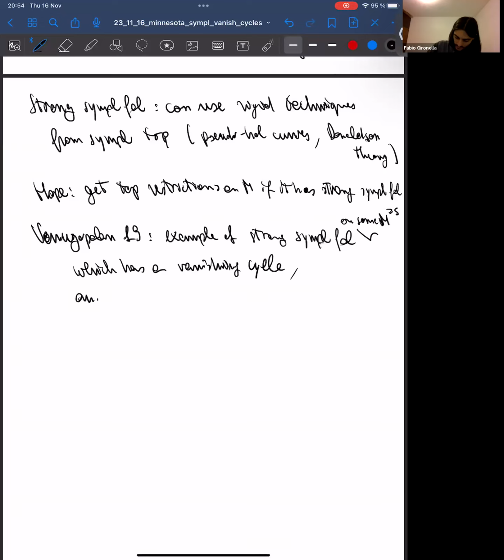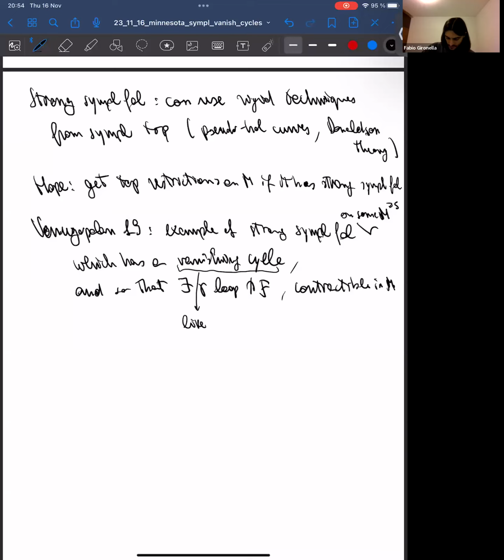And moreover, there is a loop transverse to F and contractible in M. So here the definition of vanishing cycle that I'm using is just the obvious generalization of the previous one.